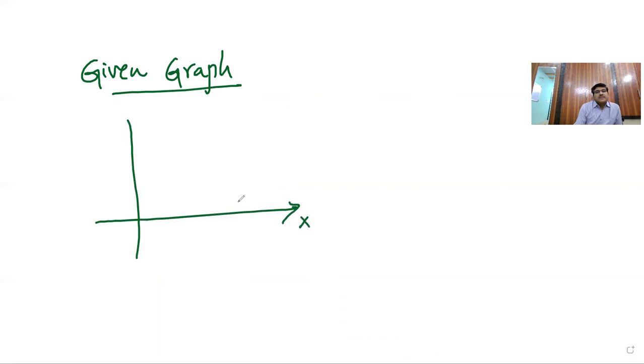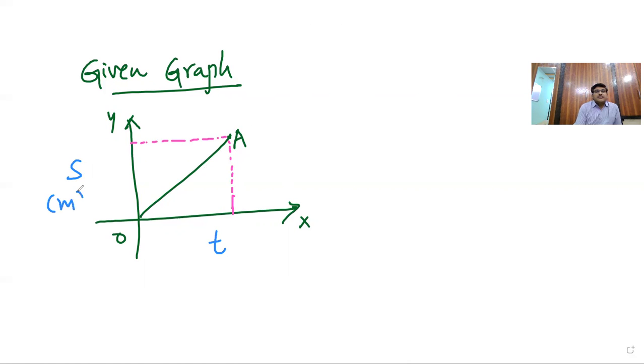Given graph. This is the x-axis, this is the y-axis, origin. This is the line, point A. These are the dotted lines showing. And be careful. Here S is displacement, T is time.